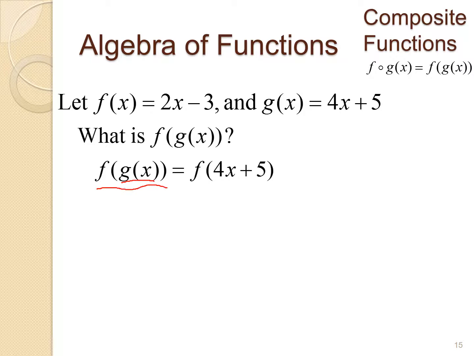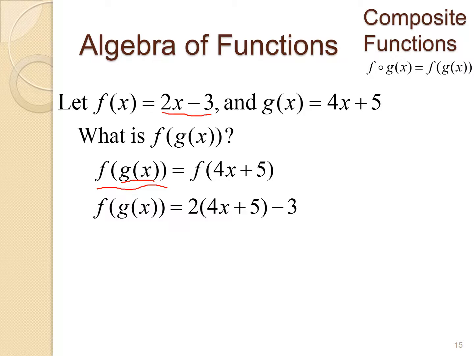So when you put 4x plus 5 into f of x up here, you're going to get 2 times x, which now we're putting in 4x plus 5 in place of x, and then subtracting 3 from the original f of x function. So it becomes 2 times the quantity 4x plus 5 minus 3. And again, that comes from up here.